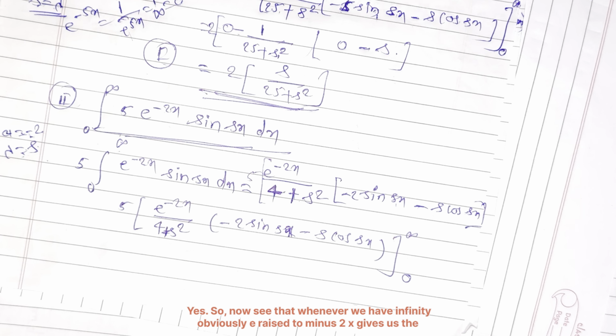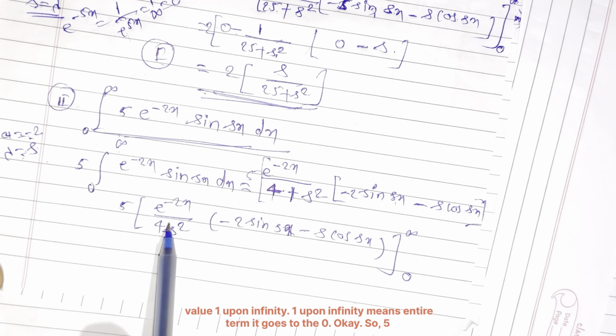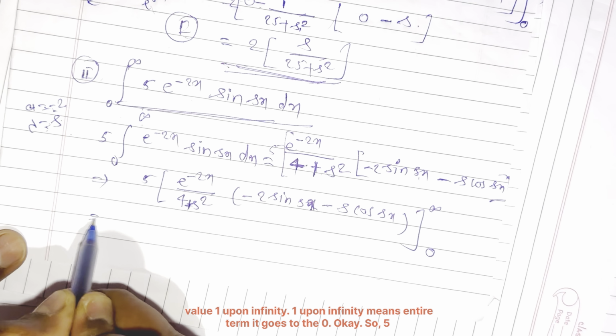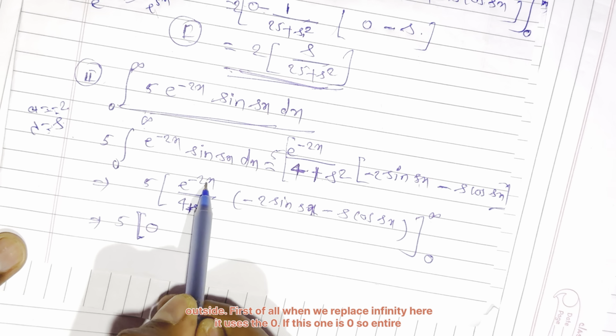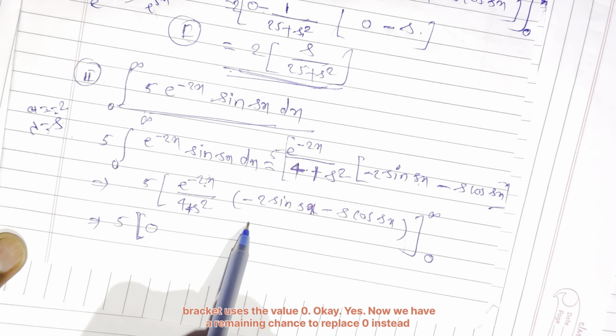Whenever we have infinity, e raised to minus 2x gives us 1 upon infinity, which means the entire term goes to 0. So with 5 outside, when we replace infinity, it gives us 0. If this is 0, the entire bracket gives us the value 0.